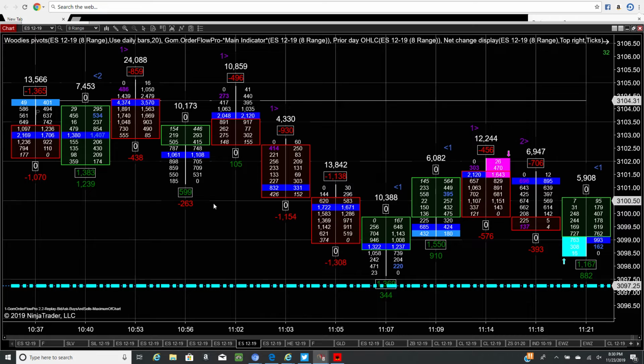Okay, it looks more complicated than it really is. All this is what's going on. And what you want to look at, that's what the COT is for, that's what the delta is for, and that's what the point of control is for, is to take all of that information in there and put it into a format that you can understand numerically.